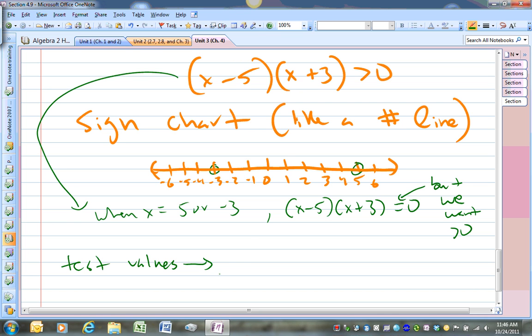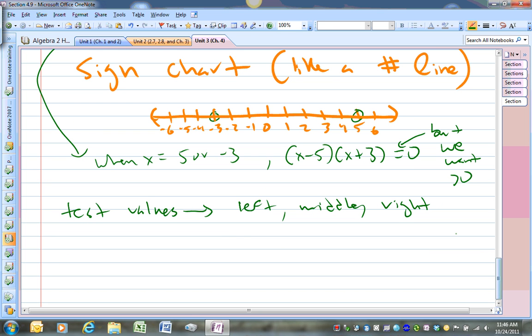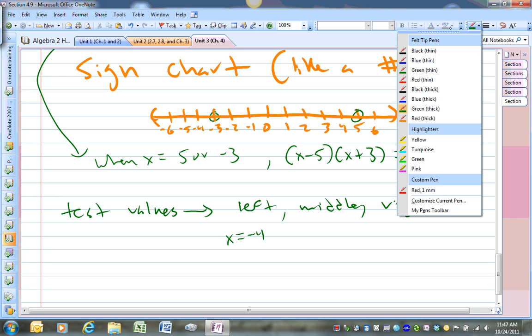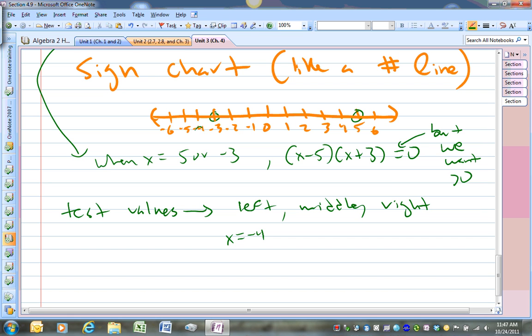And what you want to do is test 3 different values. Left, middle, and right. Let's try x equals negative 4, which is right here.